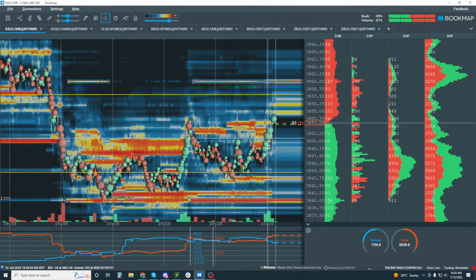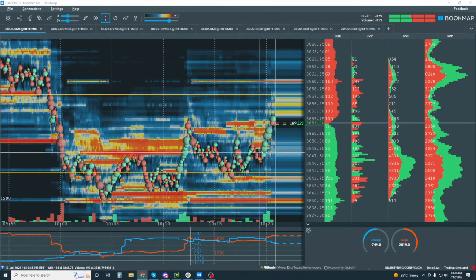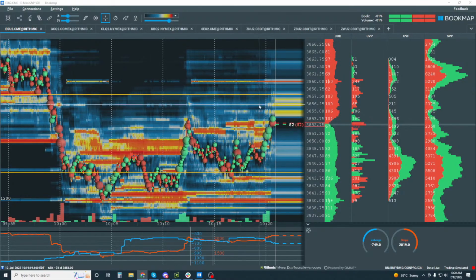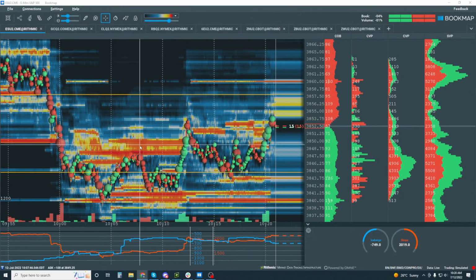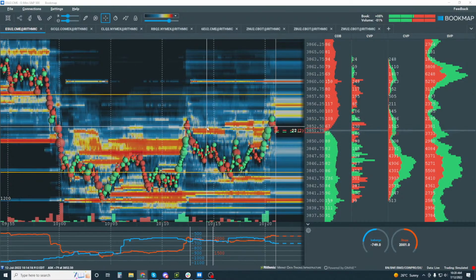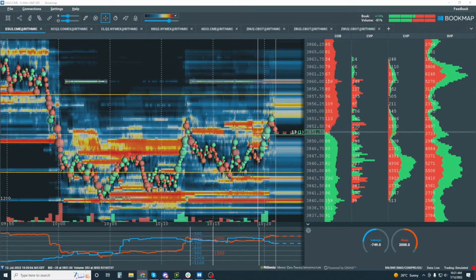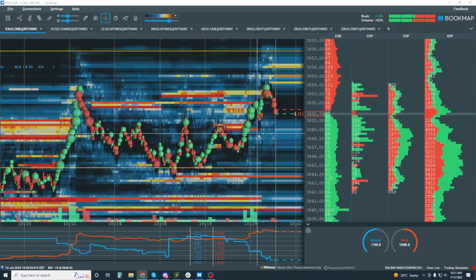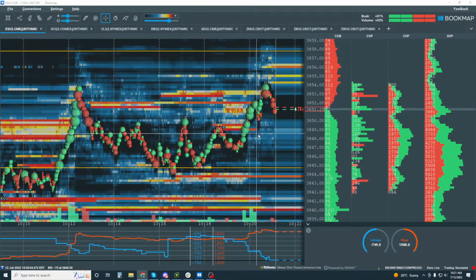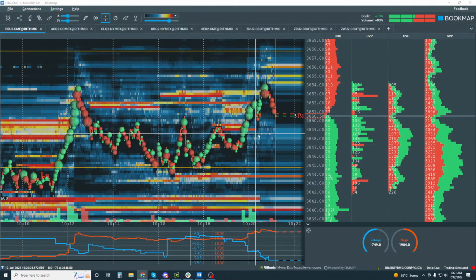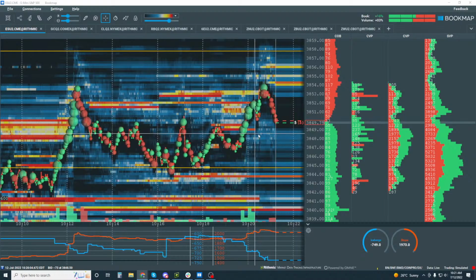Okay, any questions on this? We had some really good questions yesterday about how to go through the process of reading this and putting these pieces together, how to read the order flow. We're starting from the top down, our bigger picture. I've been doing things a little differently the last day or two to go through the bigger picture.